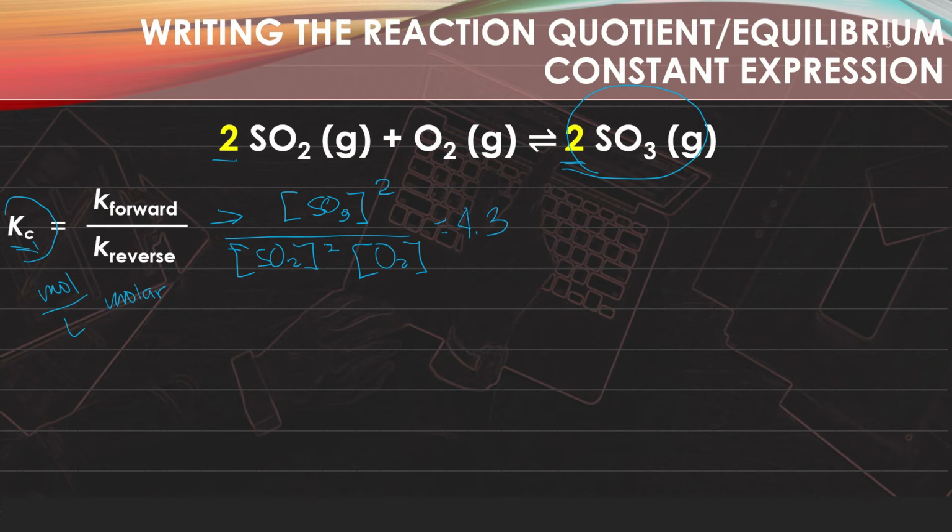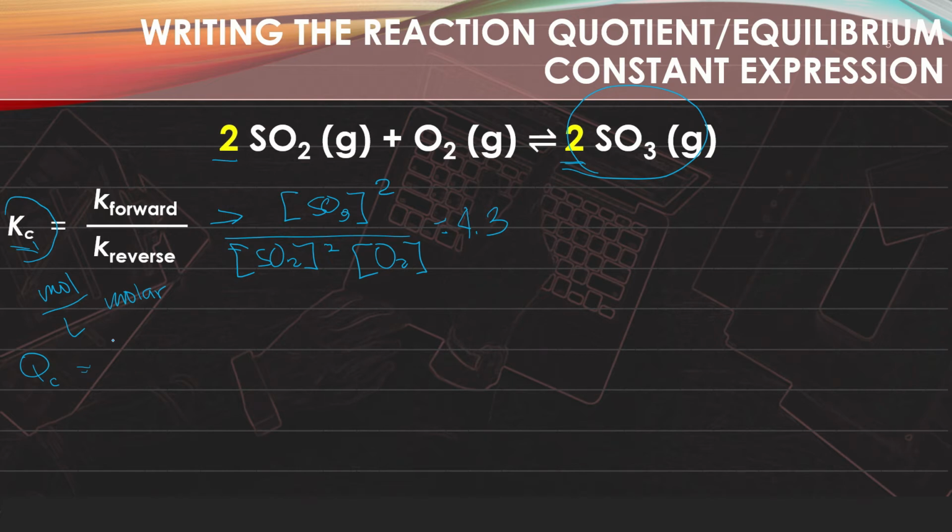Ngayon naman, paano naman yung ating reaction quotient? So, remember, K is for constant, Q, on the other hand, is for quotient. So, in order for us to write down the reaction quotient, it will be the K forward over the K reverse.